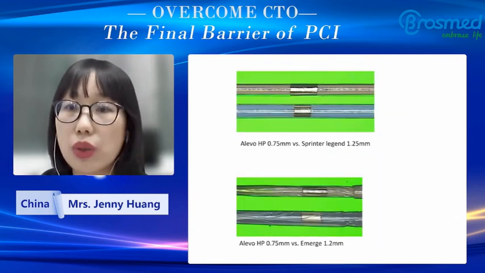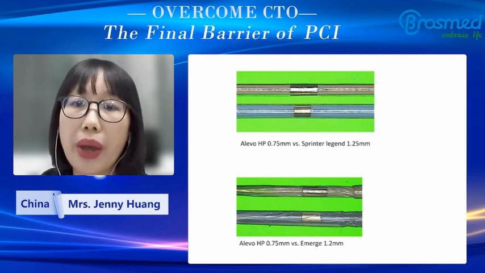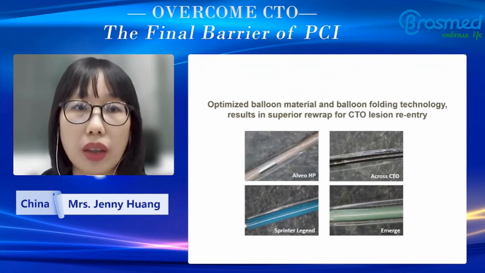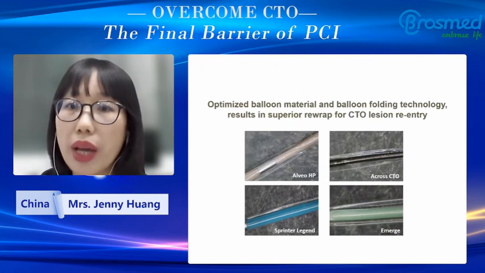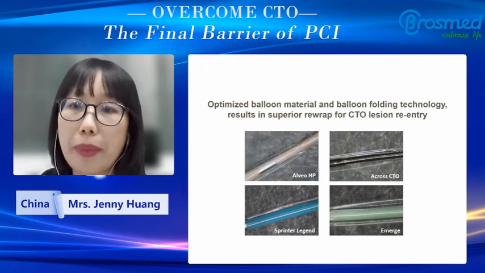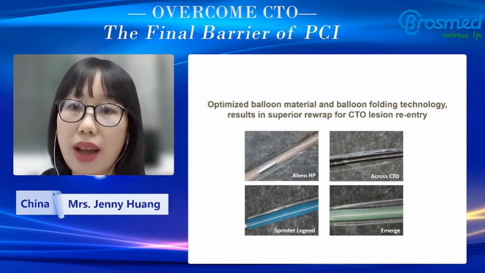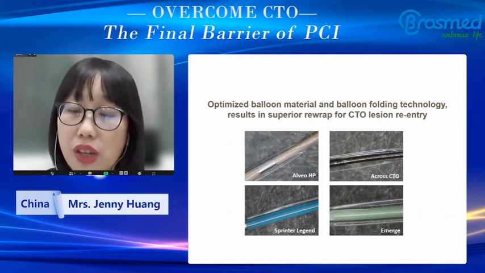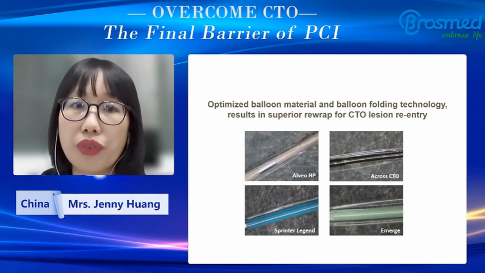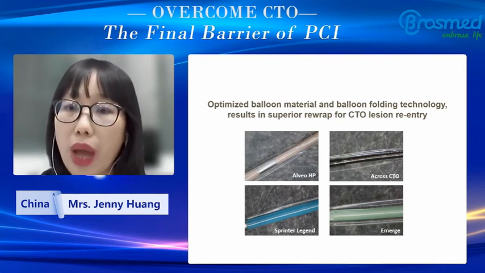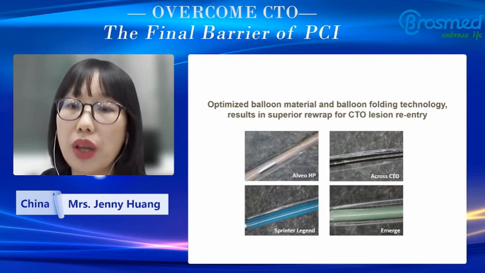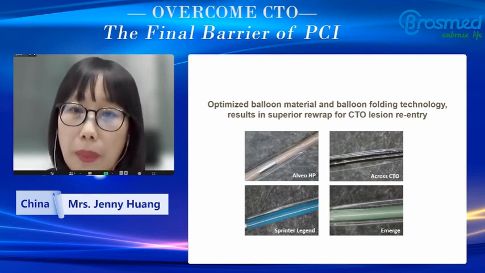The picture shows the better crossing profile when compared with the market devices, Sprinter, Emerge. Alveo HP adopts the optimized balloon material and the balloon folding technology. This results in superior rewrap for CTO lesion re-entry. As the picture showed, the preferred three-wing rewrap shape of Alveo HP will help re-entry into the lesion.